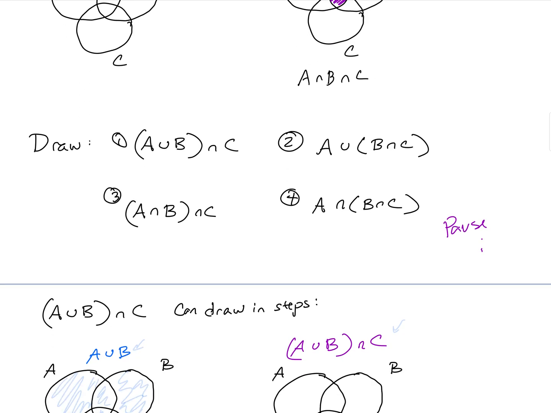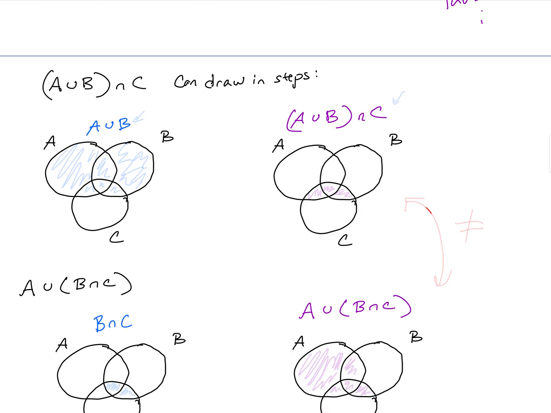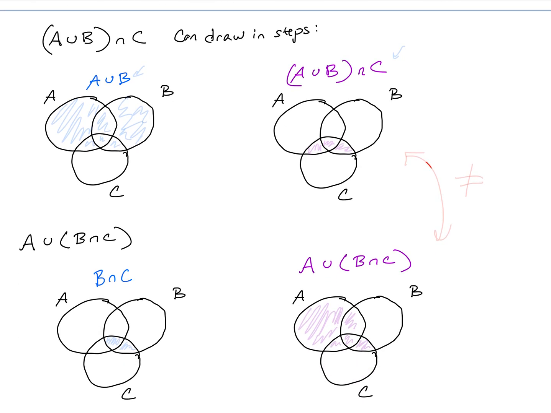Okay, so A union B then intersected with C, we can again draw in steps if we wish. If you do this with your homework, just make sure that you clearly label your steps. So A union B, everything in A or in B or in both.